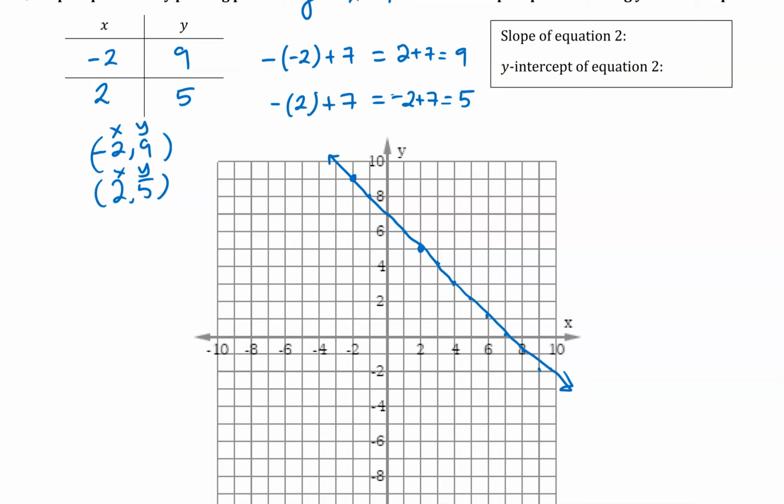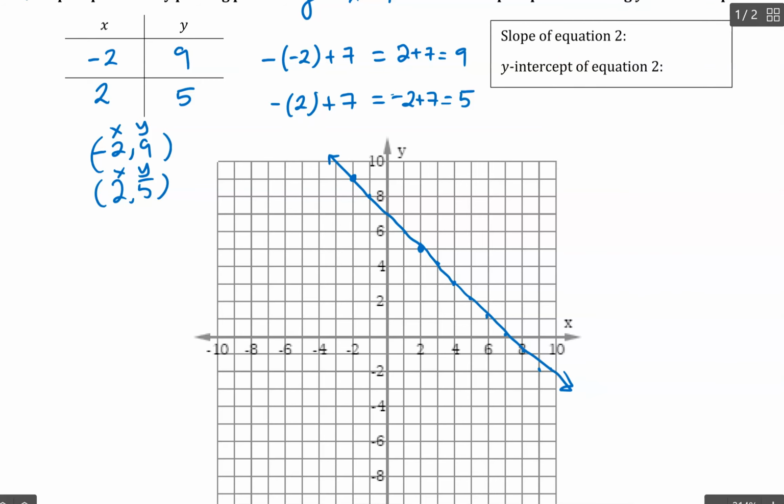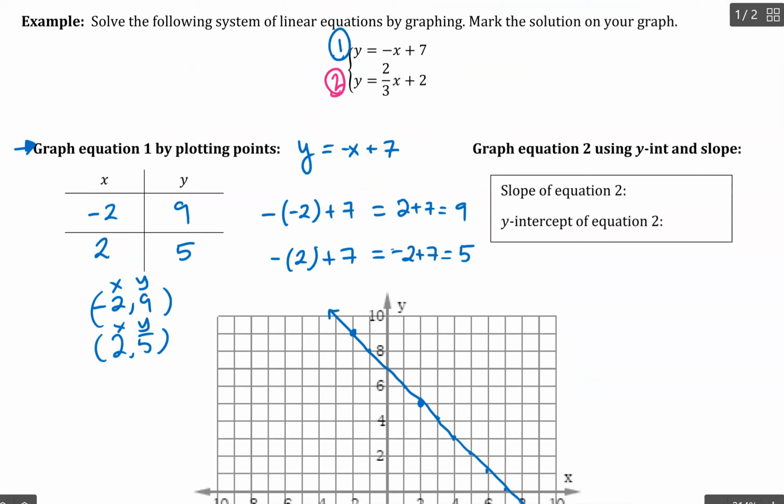Okay, let's do equation 2. I'm going to get a different color so I can keep track. Now equation 2, it says to graph using the y-intercept and the slope. So what does that mean? Well, it means that we're not actually going to plug in x values and get out y values. Instead, we're just going to use the fact that the slope of equation 2 is this value right here.